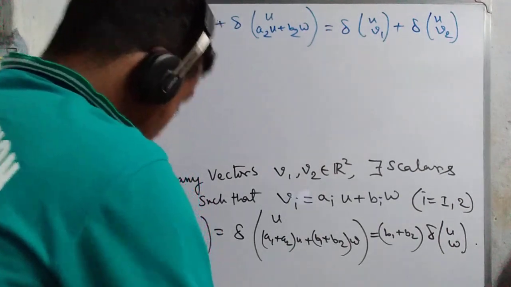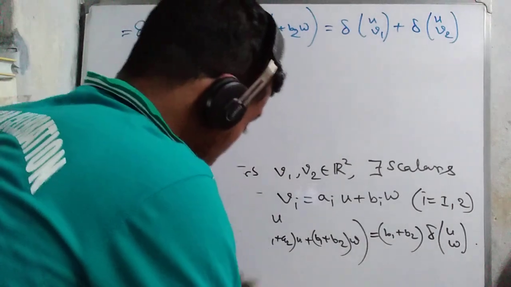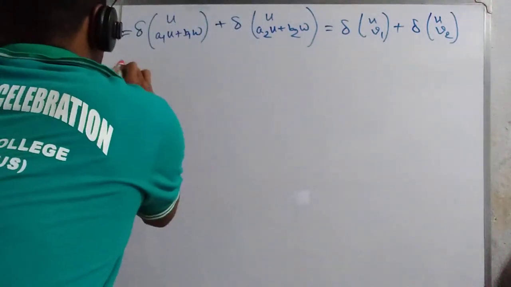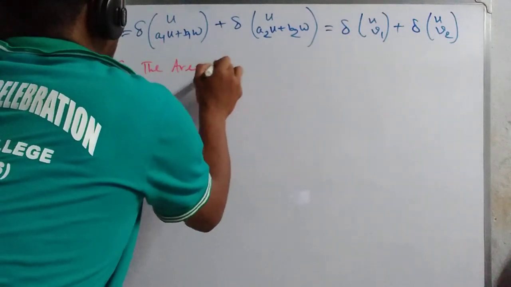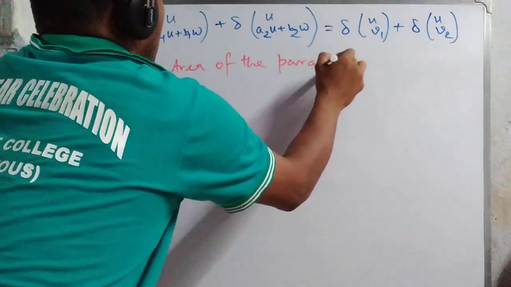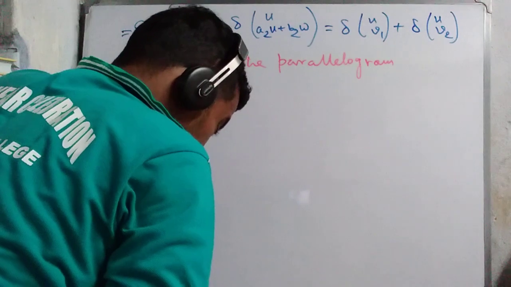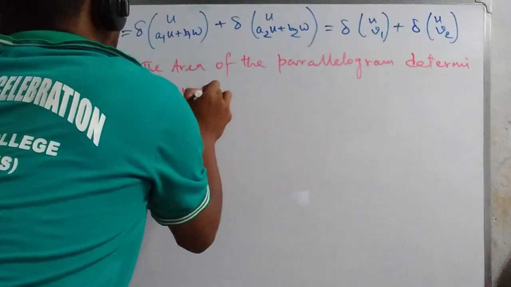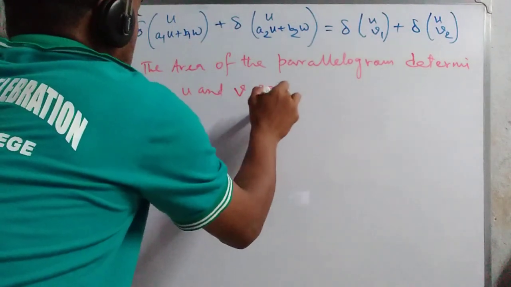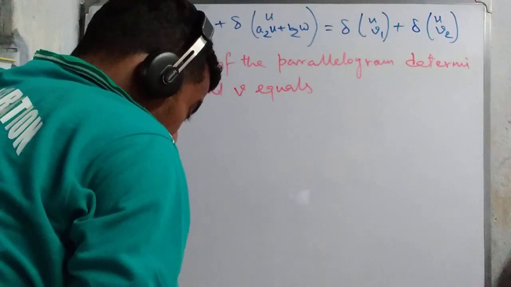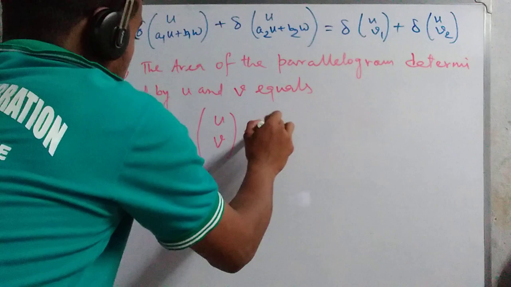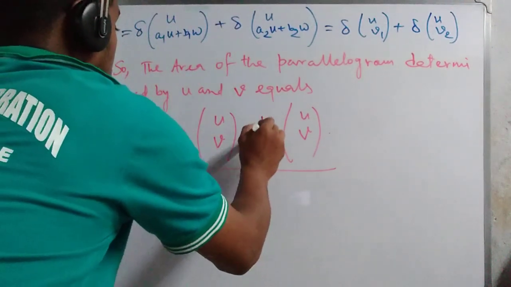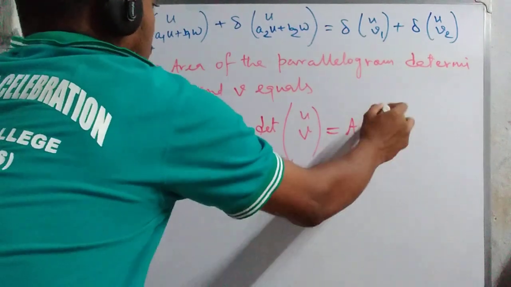That means the area of this parallelogram equals, that means what we obtain now: the area of the parallelogram determined by u and v equals the orientation, sorry, not the determinant of u v, this one equals a of u v.